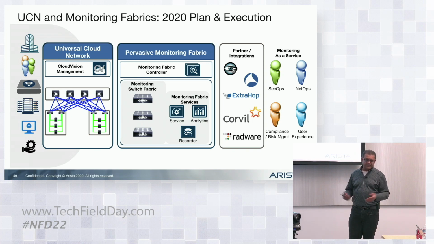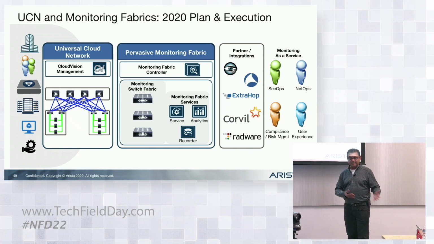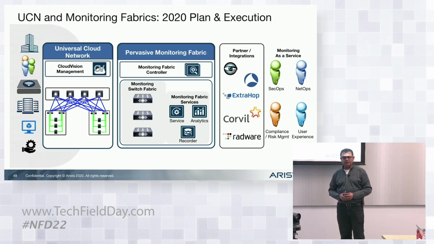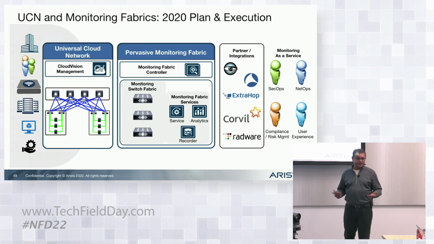It's called a visibility fabric, a monitoring fabric, however you want to term it, but it essentially gets a replica of the traffic from the main network, understands that traffic, provides context to that traffic, and then sends it to appropriate tools for deeper analysis. They can be application performance monitoring tools like ExtraHop. They could be security tools like Radware and others.